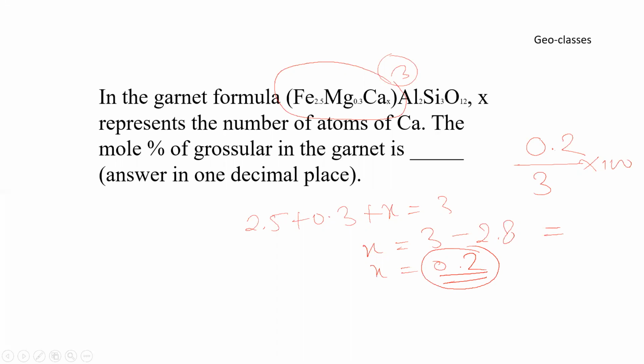Let's check how much the answer is coming. 6.667%. So you have to give only one decimal place, so you'll write 6.6. The answer you are getting should be there.